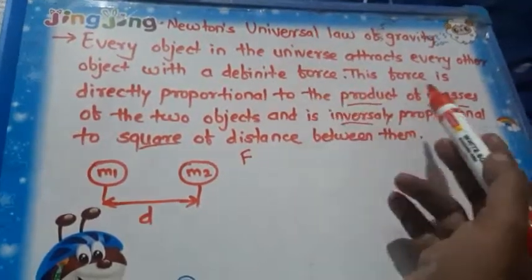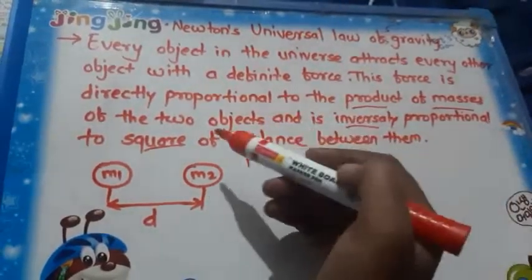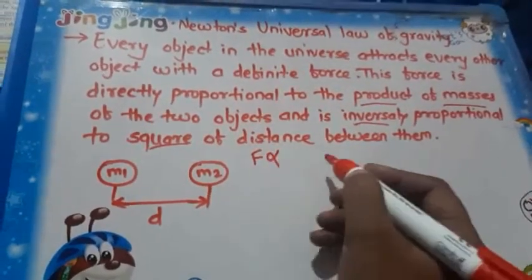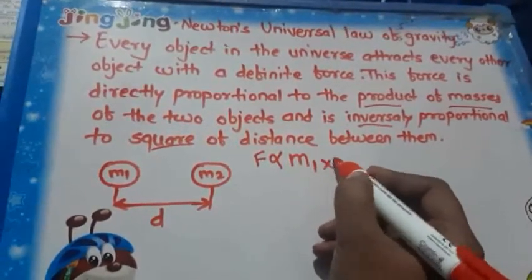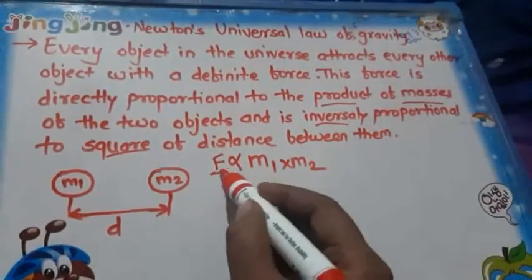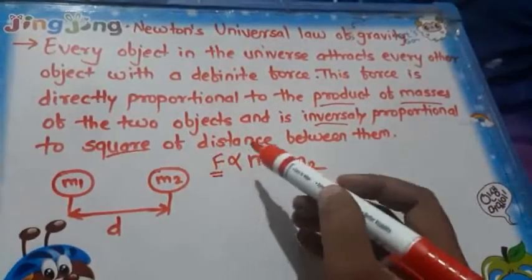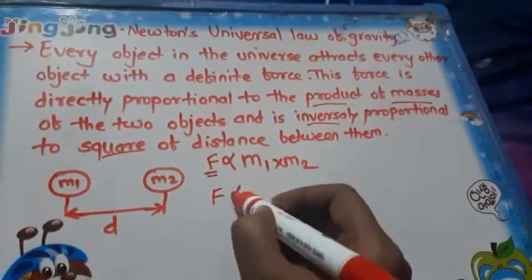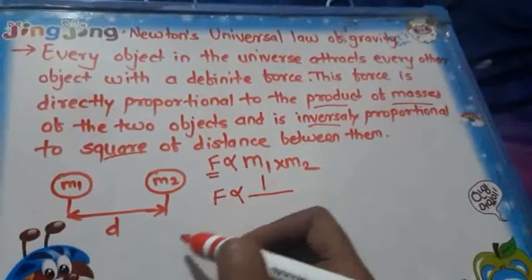This force is directly proportional to the product of masses of the two objects. Product means multiplication. So this force is directly proportional to mass of object 1, m1, into mass of object 2, m2. This force is also inversely proportional to the square of the distance between them. So this can be written as: force is inversely proportional, meaning 1 upon the square of the distance between them.